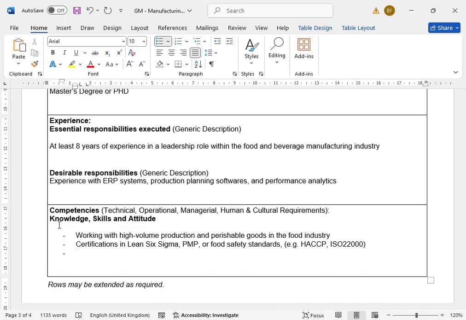Another competency, strong leadership, of course. We should not forget the leadership. If he does not have leadership, then big problem for him. Or especially communication skills. And he also must have problem solving and decision making, of course.